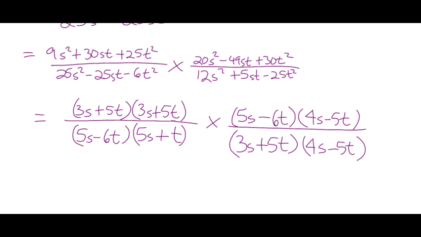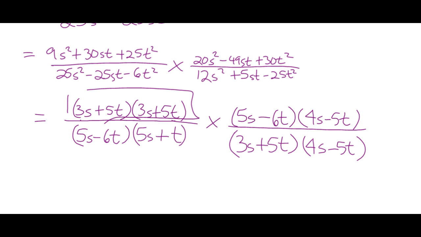We're not going to do restrictions, but if we did, where would we look? Everywhere but here. If I'm doing restrictions, I'm not interested in this. As it turns out, that is going to end up being a restriction because this is the same as that, and there's two of these guys here. I mean, the restrictions are 5s minus 6t cannot equal 0. 5s plus t cannot equal 0.